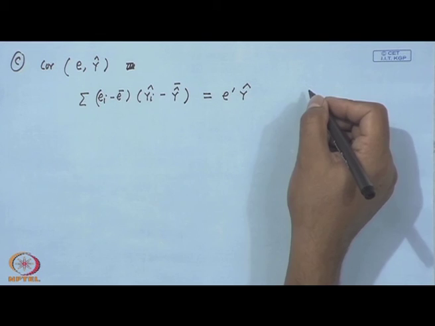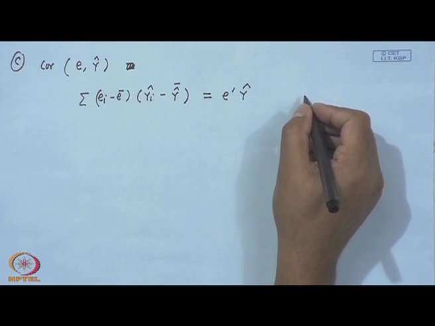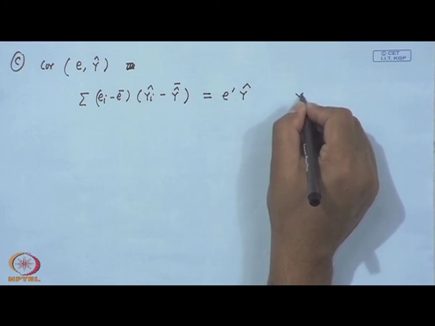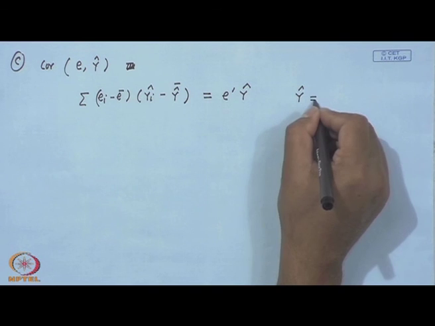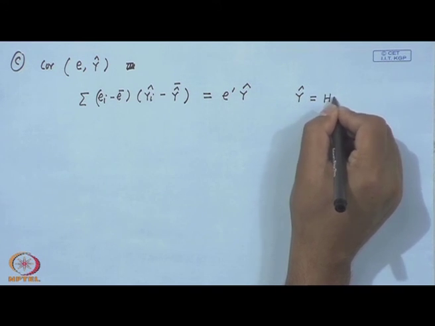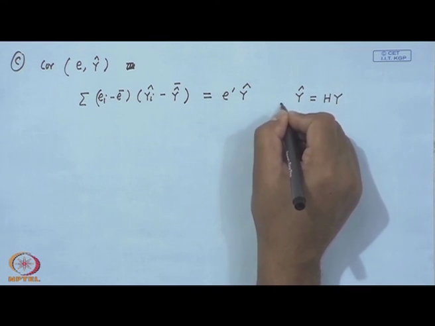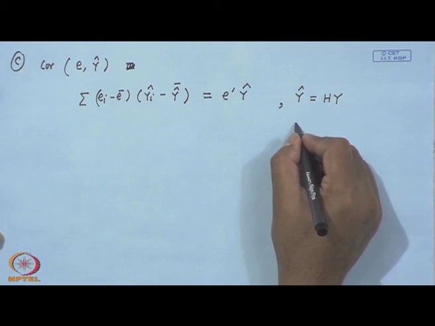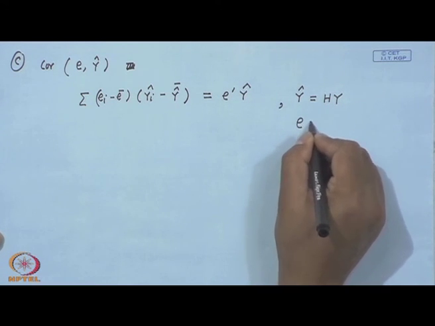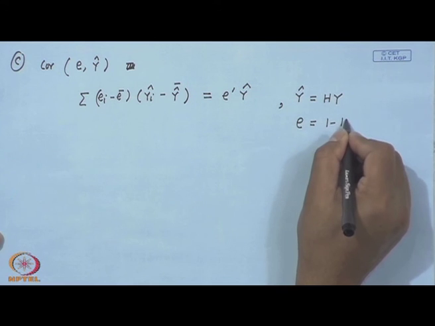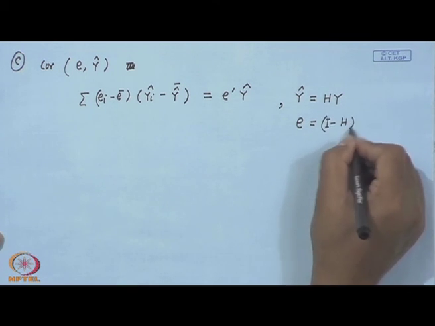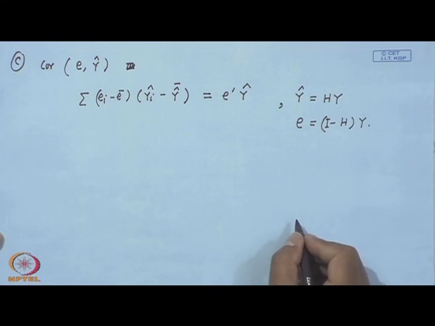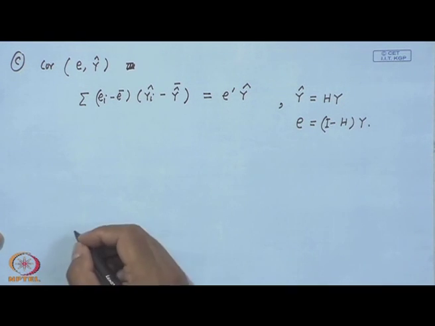And we know that y hat is equal to H y, and also we know that E is equal to I minus H into y. Just now we proved these two things.